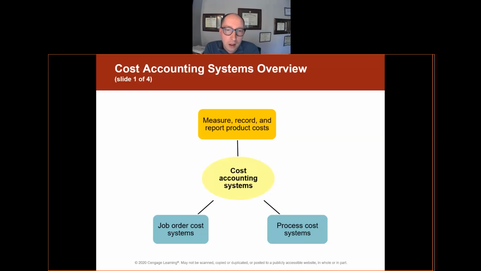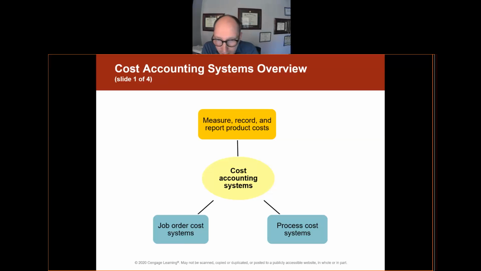Okay, before we talk about job order cost systems, we need to talk about what a cost accounting system is. A cost accounting system is a system that manages all of the costs within the business. The cost accounting system provides the reports to us.